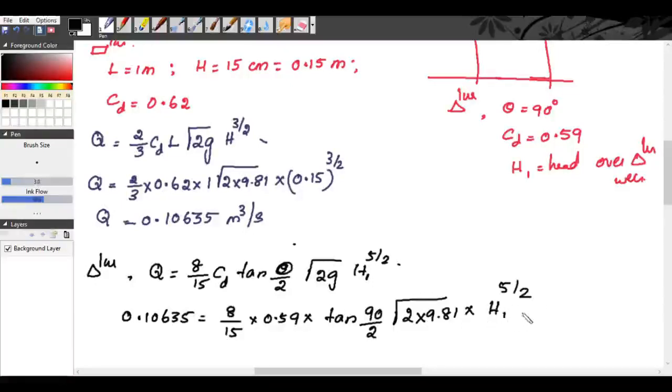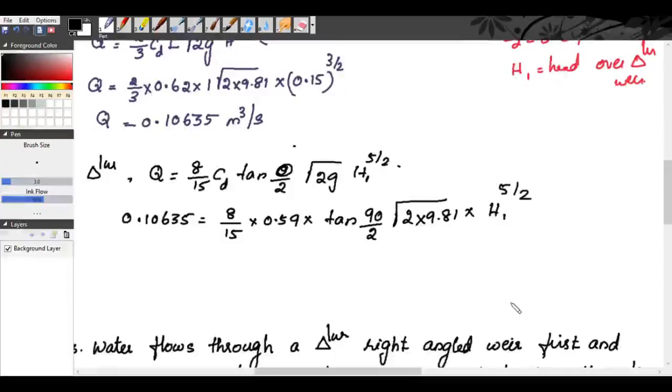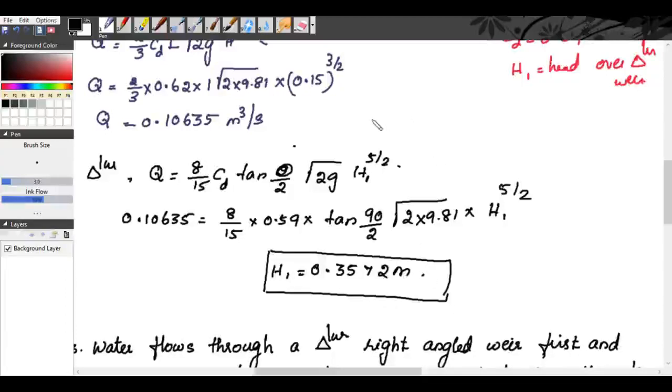So, the only unknown is H1. We will get H1 is equal to 0.3572 meter. See, you can compare the head over the rectangular weir and over the triangular weir. Over the rectangular weir, the head is 0.15.